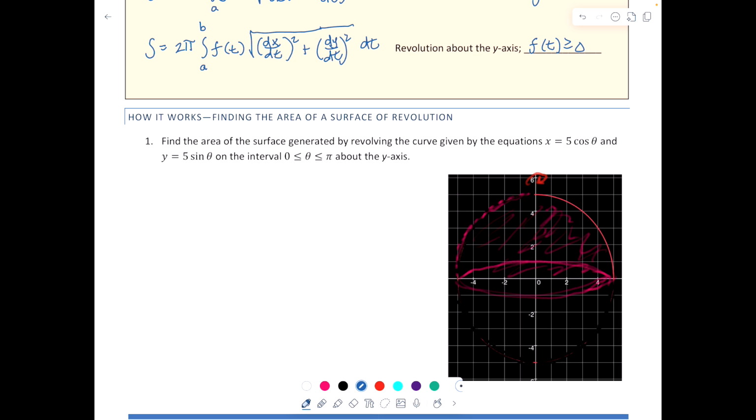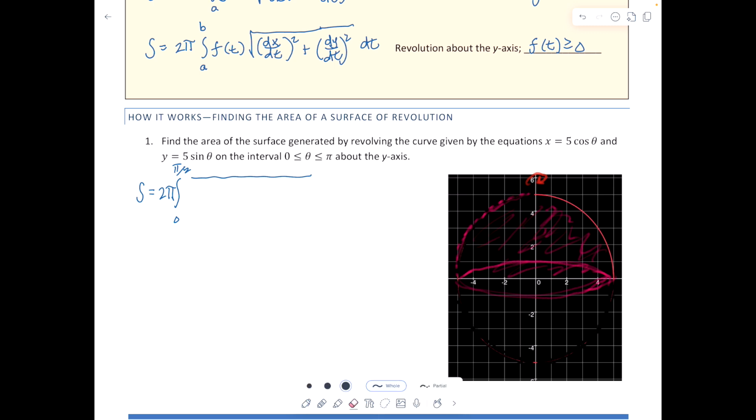And so let's see what all we've got going on. So S will equal 2 pi times the integral from 0 to pi over 2. And then actually our square root isn't first.